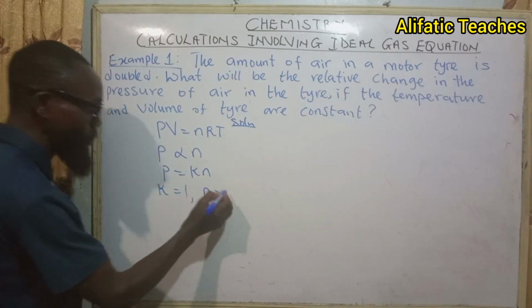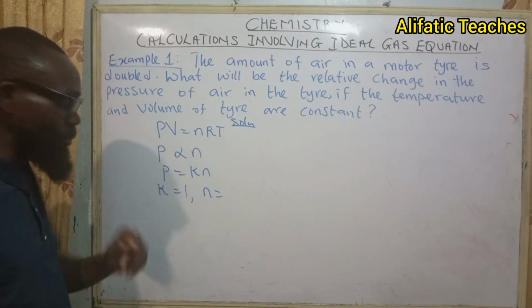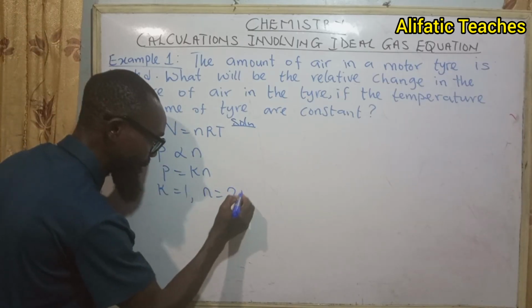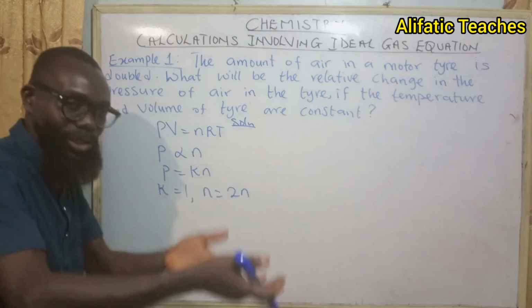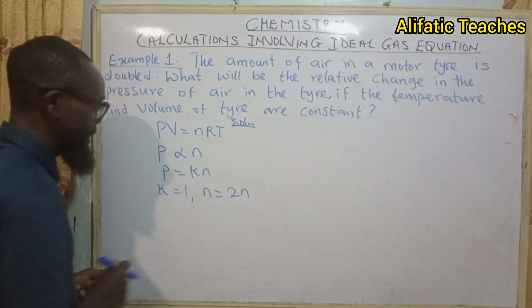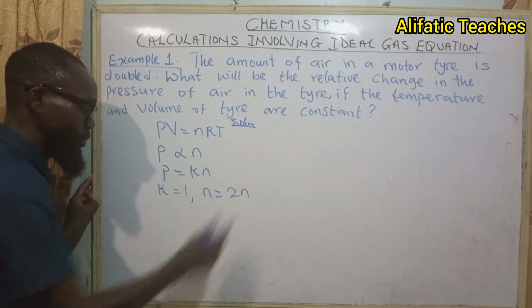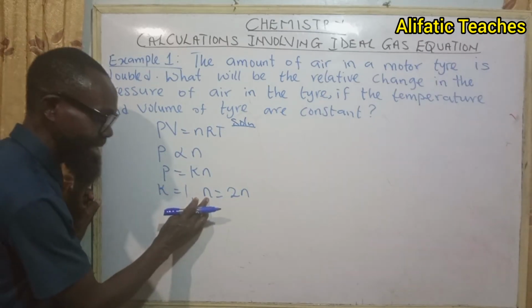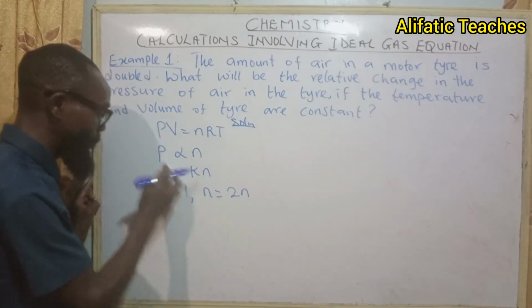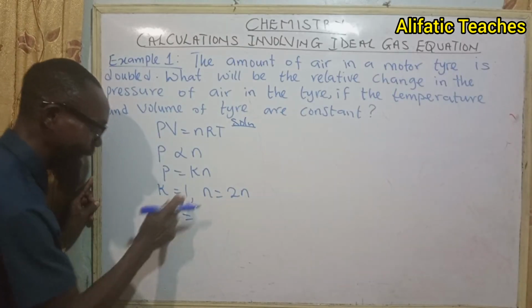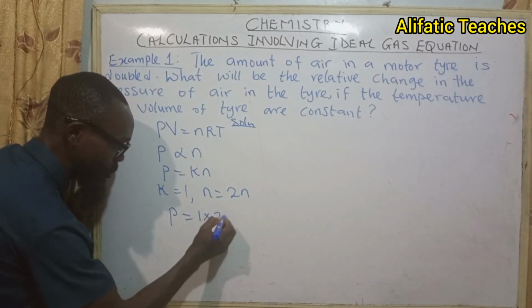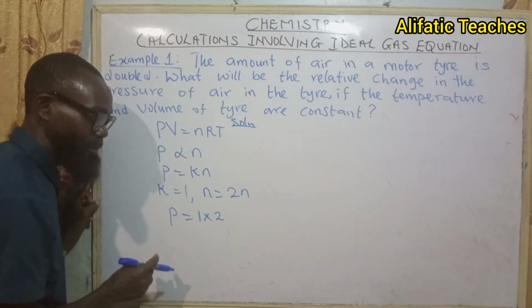Then our amount from this question is doubled, meaning 2n. So anywhere we see n, let us put 2n. From here, P equals K, which is 1, multiplied by 2.